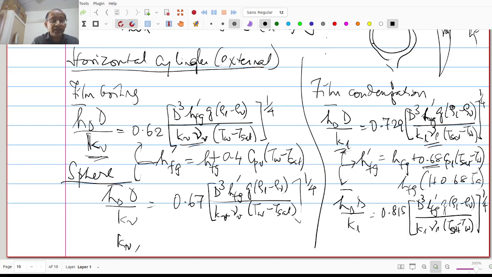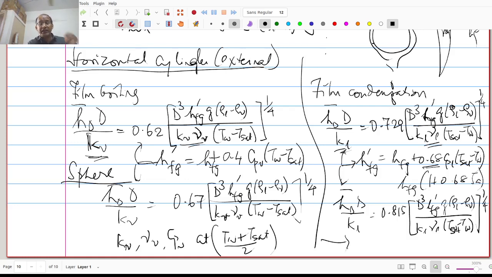k_V, nu_V and c_pV at (T_wall plus T_sat) by 2. And the same thing can be said for this also. The k_L, nu_L and c_pL would be evaluated at (T_wall plus T_sat) by 2. So that's the expression.